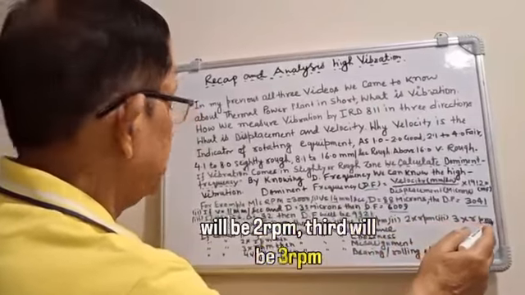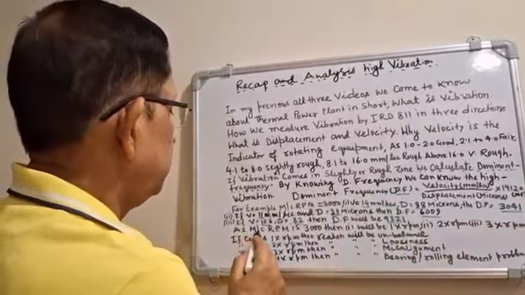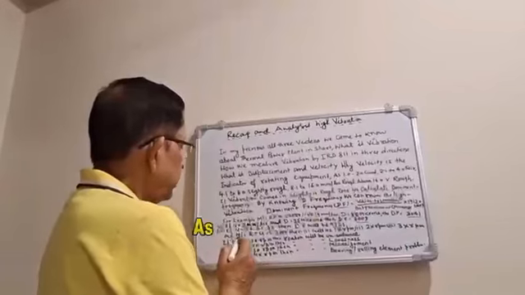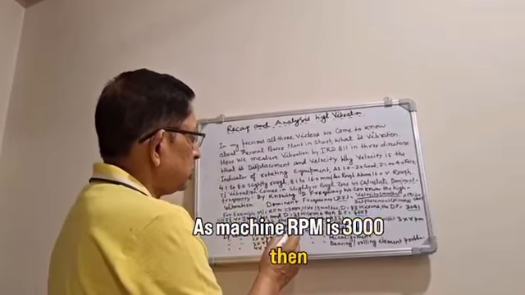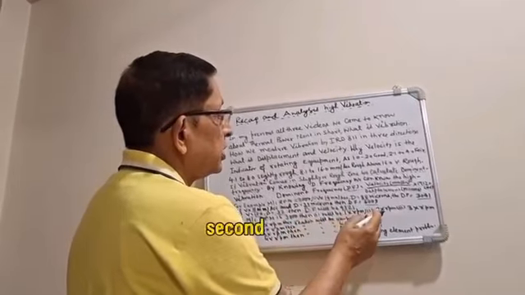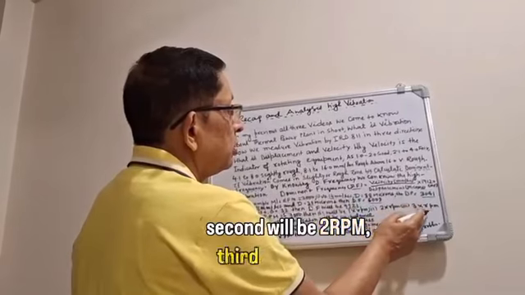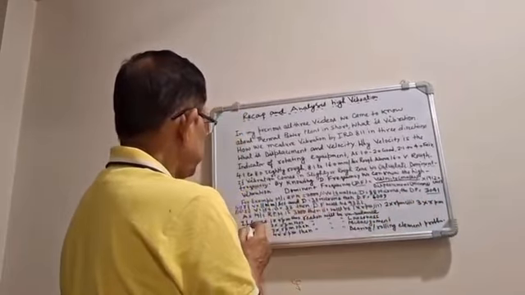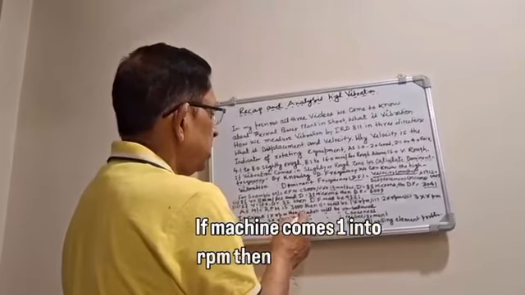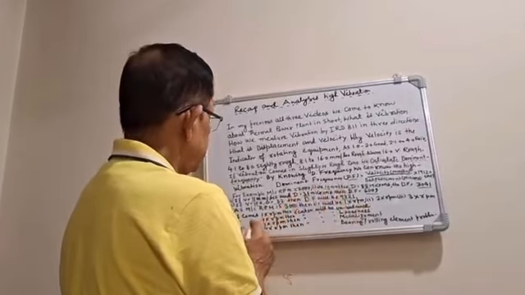As machine RPM is 3000, then first will be 1 into RPM, second will be 2 into RPM, third will be 3 into RPM. If it comes 1 into RPM, then the reason will be unbalance.